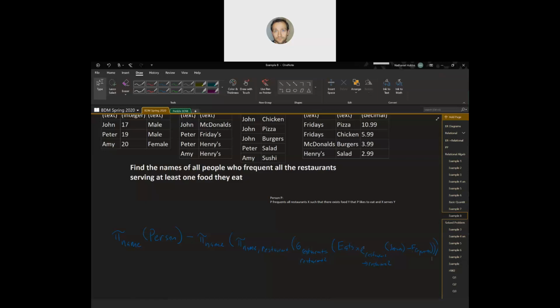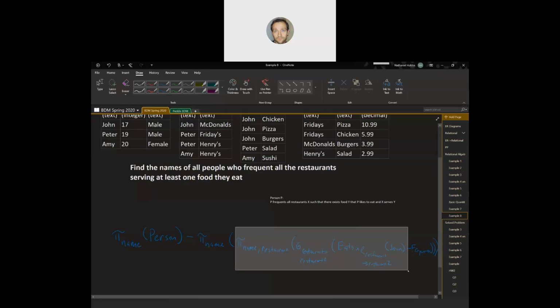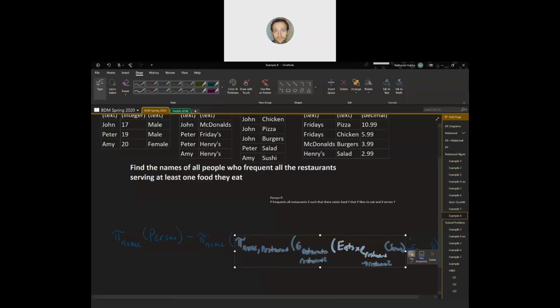So this part returns the names of people who eat at a restaurant that serves something they like. And from this, you're removing the restaurants that people frequent.